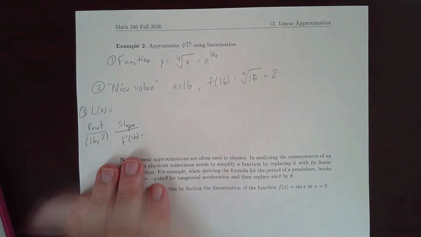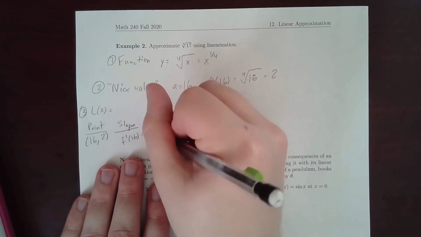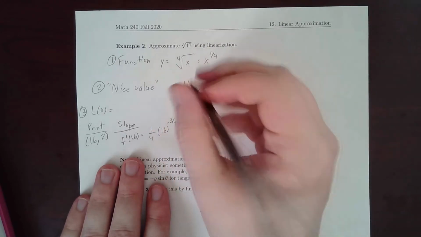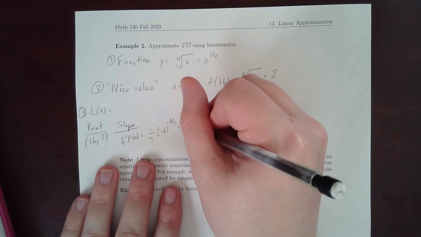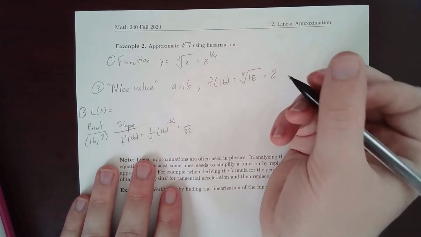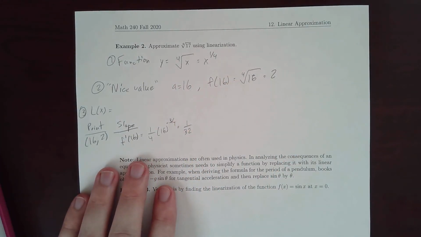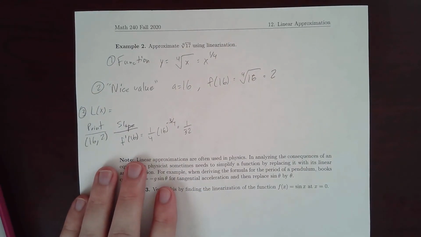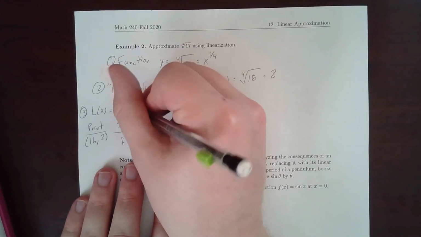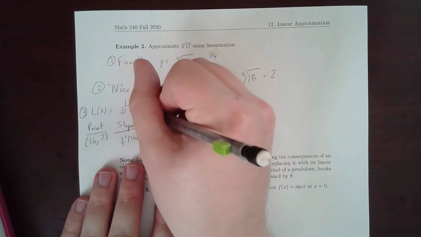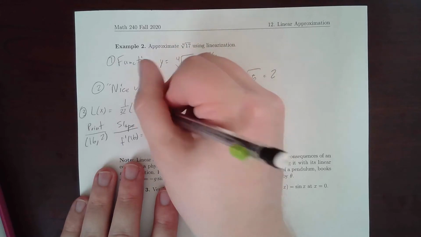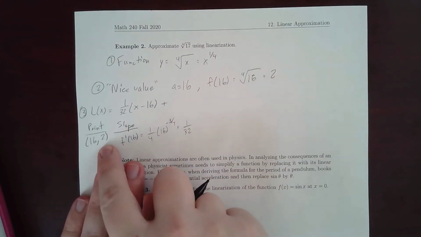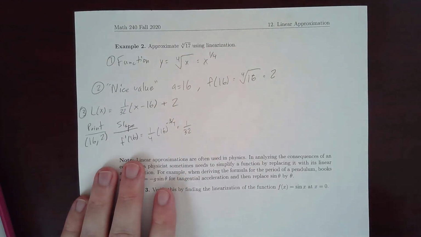And so our slope will be 1/4 times 16 to the negative 3/4, which will give us 1/32. And so in order to create this linearization, we just need to go ahead and use what we know. So linearization will be our slope times our change in x, so x minus 16, plus the value that we already have, so plus 2.